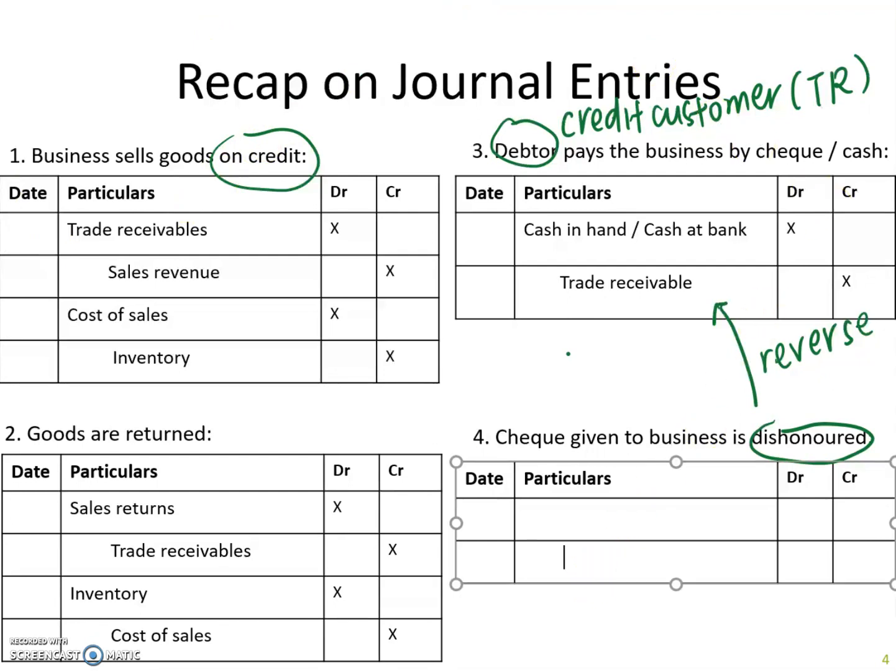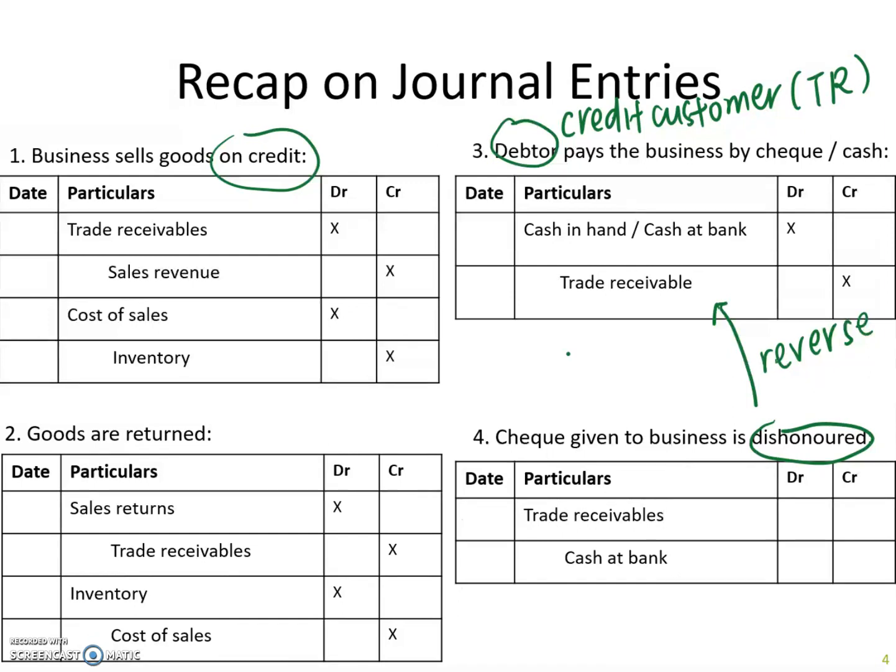So we have to reverse it out. The cash at bank actually goes down because the business did not receive anything from my customer. And because the check is dishonored, customer actually owes the business more money, so my trade receivables go up.